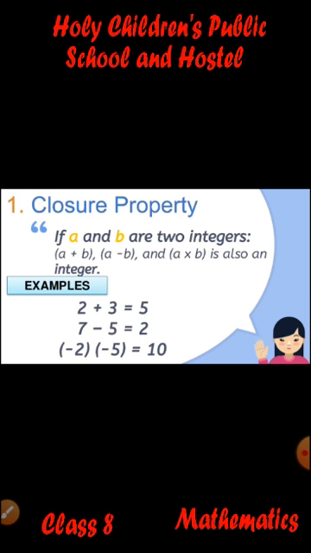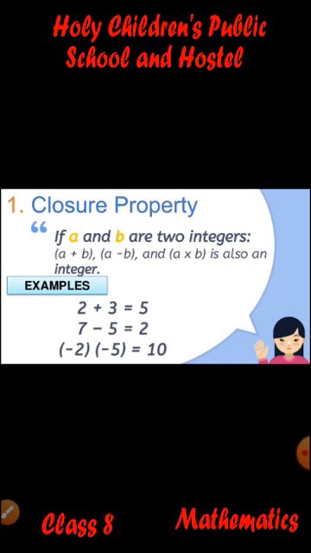It means if two rational numbers are added, then the result will be a rational number. And like this, if two rational numbers are subtracted, multiplied or divided, the answer will always be a rational number.